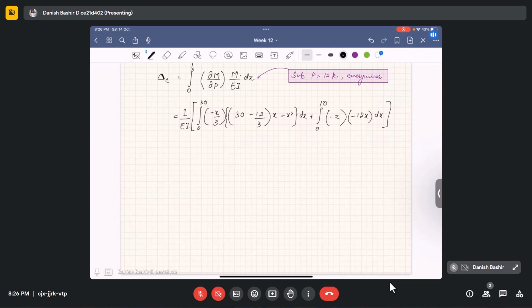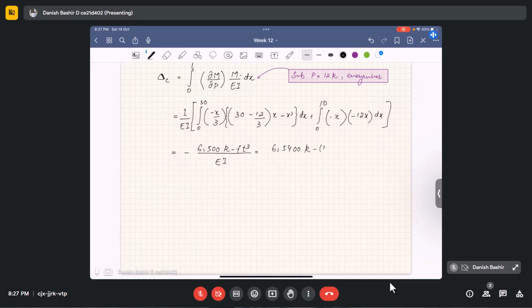So when we run this integral, we will get minus 6,500, and units will be kilo pound feet cube divided by EI. Okay, and EI will have units of kilo pound feet square. That's why we will get feet. Then we will get 6,5400 kilo pound, and we have to convert feet into inches.